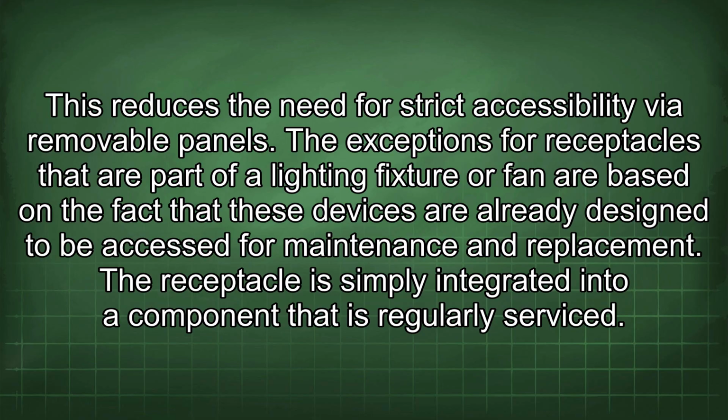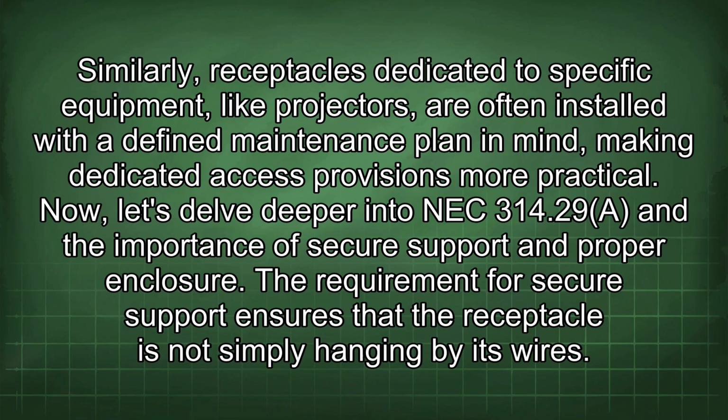The receptacle is simply integrated into a component that is regularly serviced. Similarly, receptacles dedicated to specific equipment, like projectors, are often installed with a defined maintenance plan in mind, making dedicated access provisions more practical.